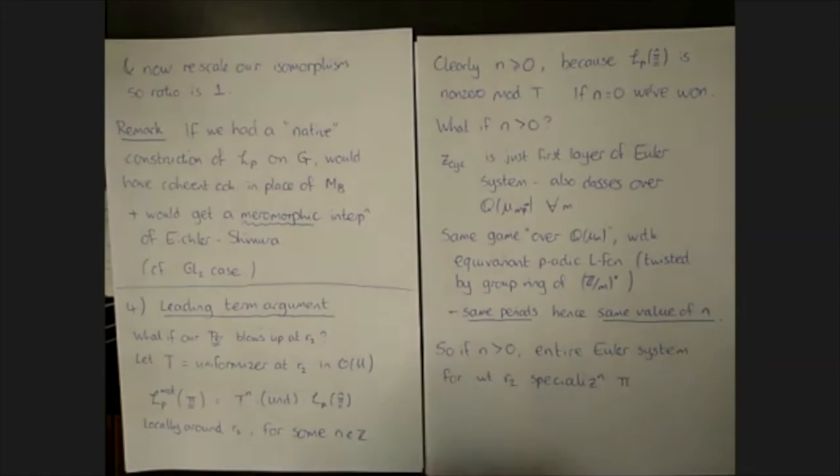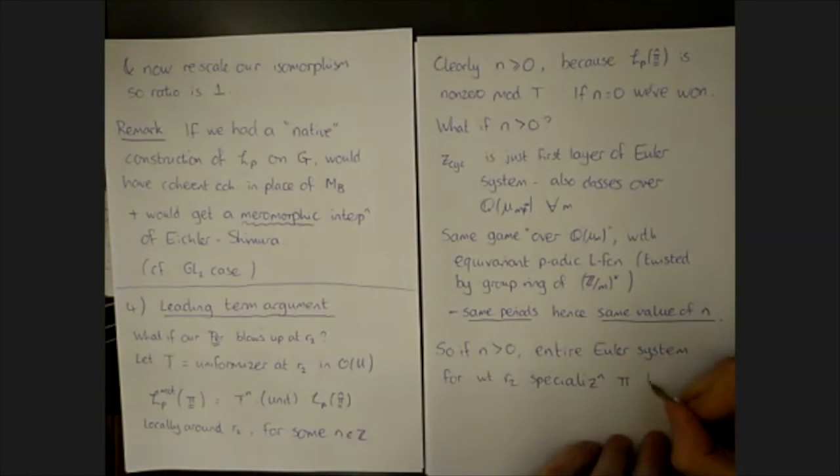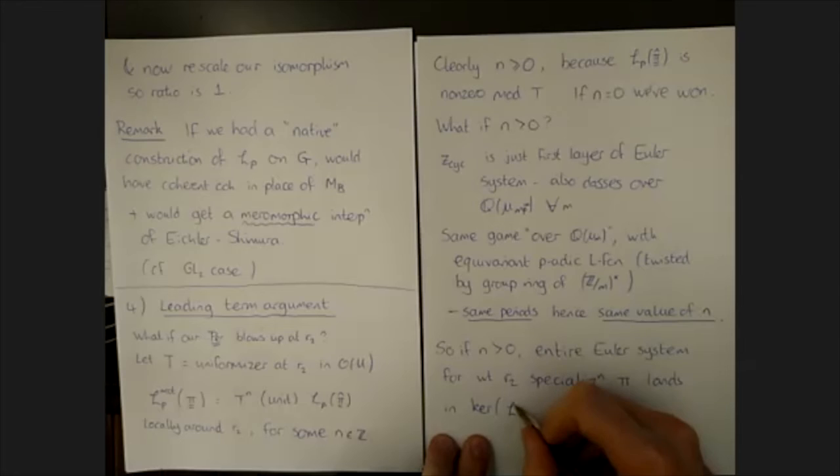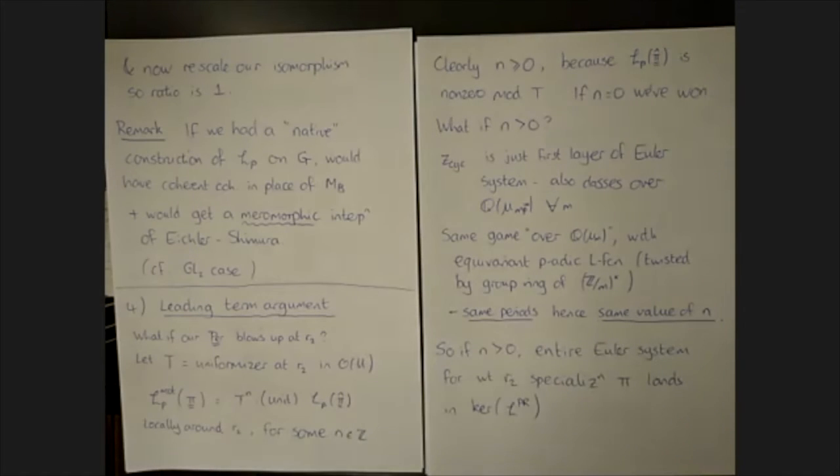So if n is positive, the entire Euler system for the weight R2 specialization, which is my original pi, is going to land in the kernel of the parameter U big logarithm map.